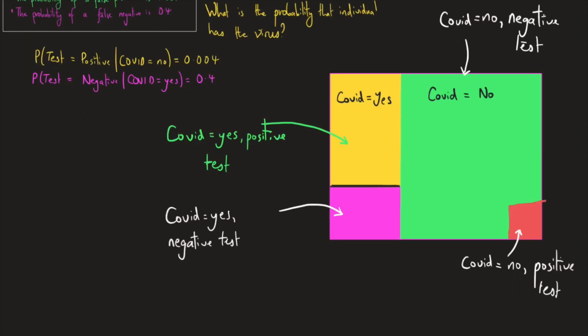So we can see that we get positive tests sometimes when the individual has COVID and sometimes when the individual doesn't have COVID. And the question is, if we observe a positive test, what is the probability that the individual actually has COVID? So how would we go about calculating this?